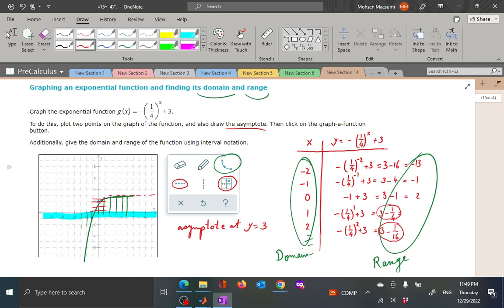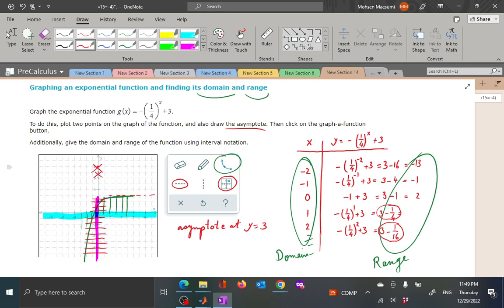All horizontal lines that cross your graph tell you what is in the range. We notice that from slightly below 3 all the way down, everything is covered, but there is no value of the function that matches 8 or 7 or 6 or something. These points are out of the range.